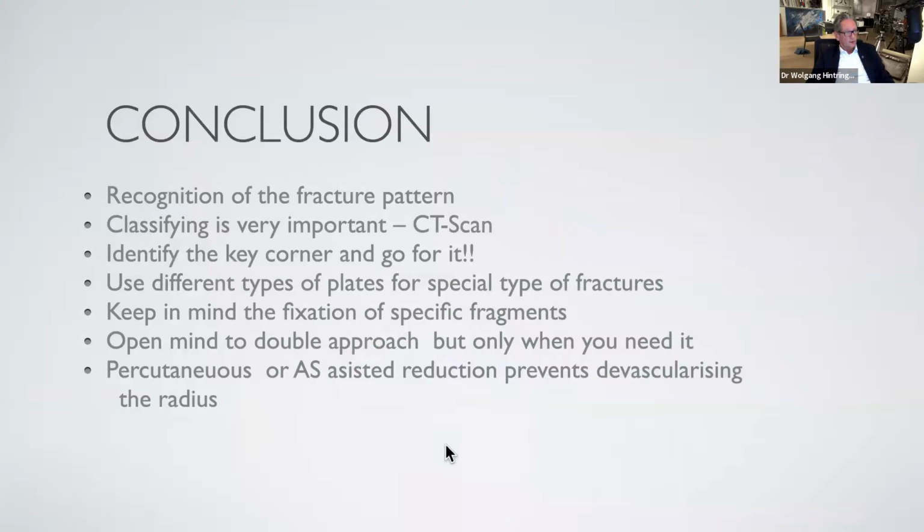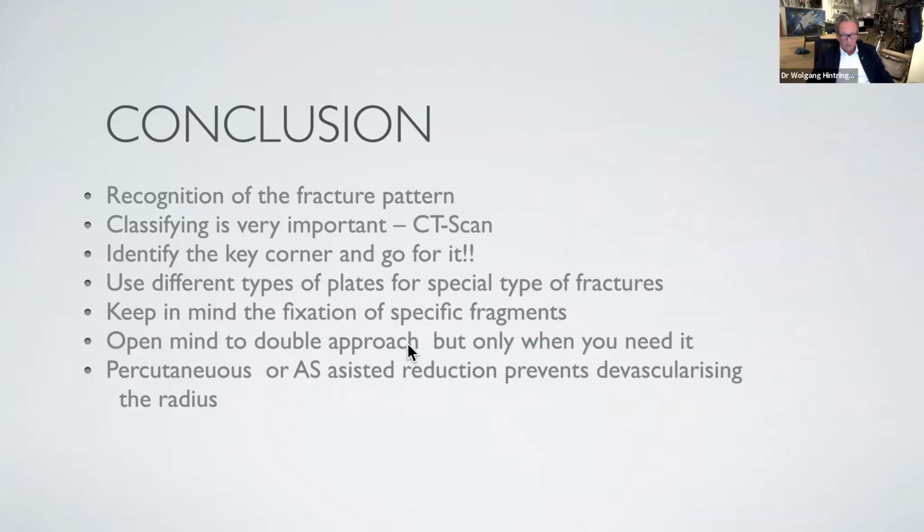So as a conclusion, it's important that you recognize the fracture pattern, that you classify it. It's important that you have a CT scan. Identify the key corner and go for it. Use different types of plates for special types of fractures. Keep in mind the fixation of specific fragments.